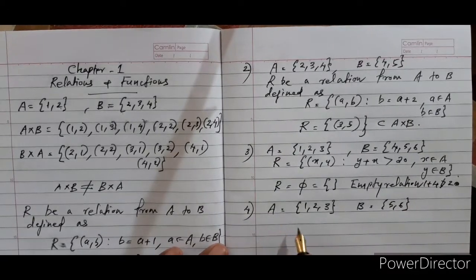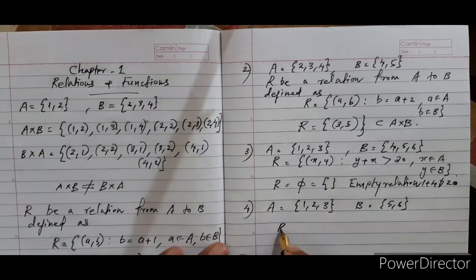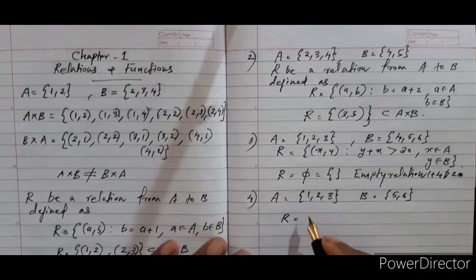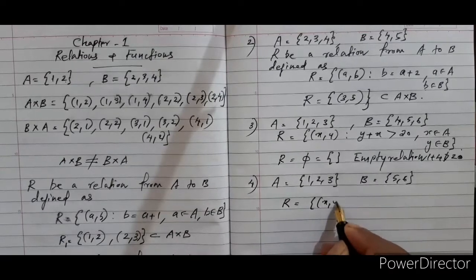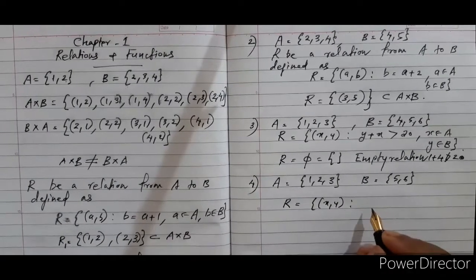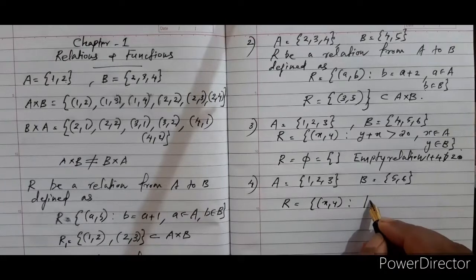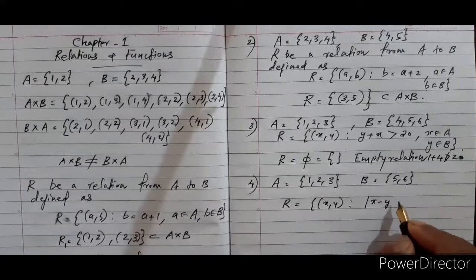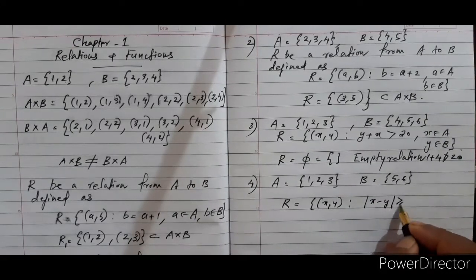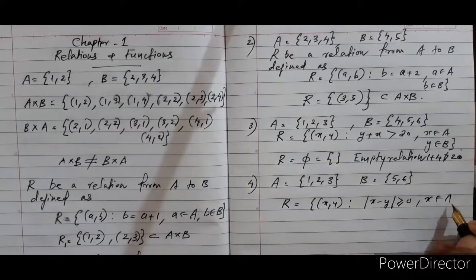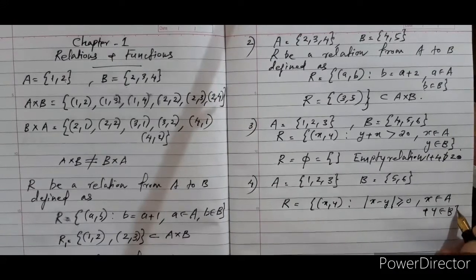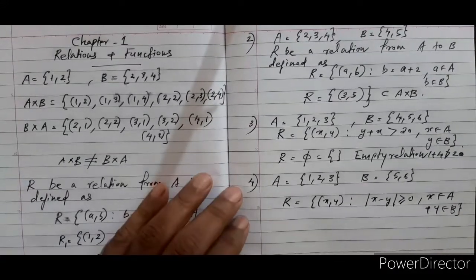And let R be a relation from A to B defined as R equal to set of all (x, y) such that modulus of x minus y is greater than or equal to 0, where x belongs to A and y belongs to B. Now find out elements of R.